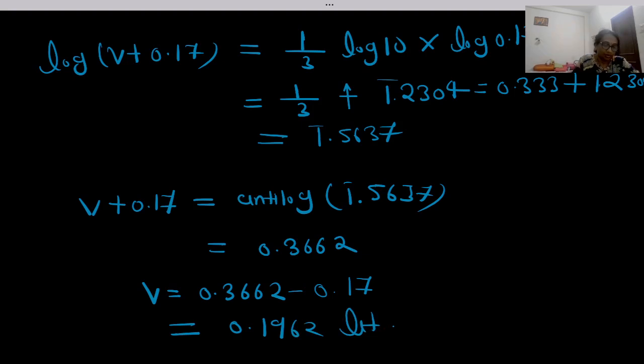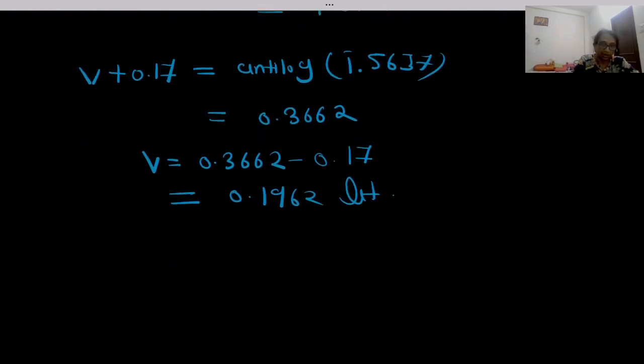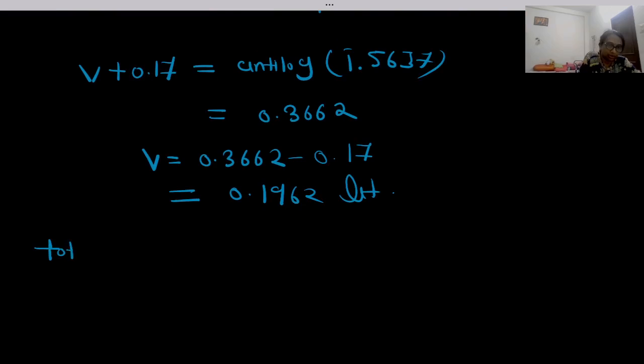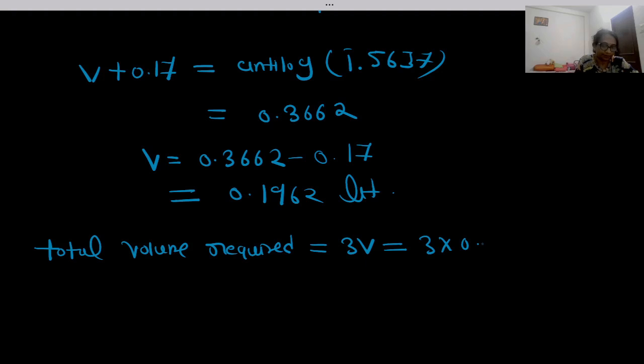Okay, right? Total volume required. Now we can calculate the total volume required. Total volume required is equal to 3V, into 0.1962, which gives 0.5886 liters.